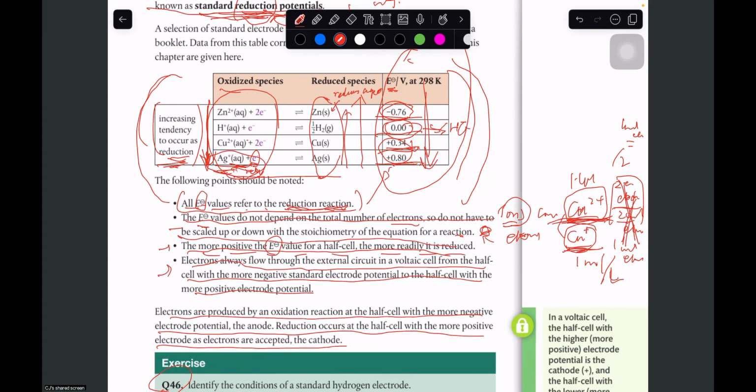The next one, electrons always flow through the external circuit in the voltaic cells from the half cell with the more negative standard electrode potential to the half cell with the more positive electrode potential, which means of the two half cells, the electrons only move through this wire, this external circuit.